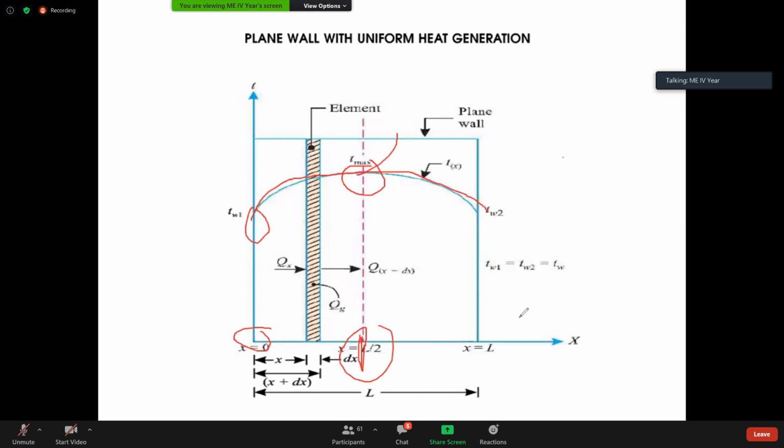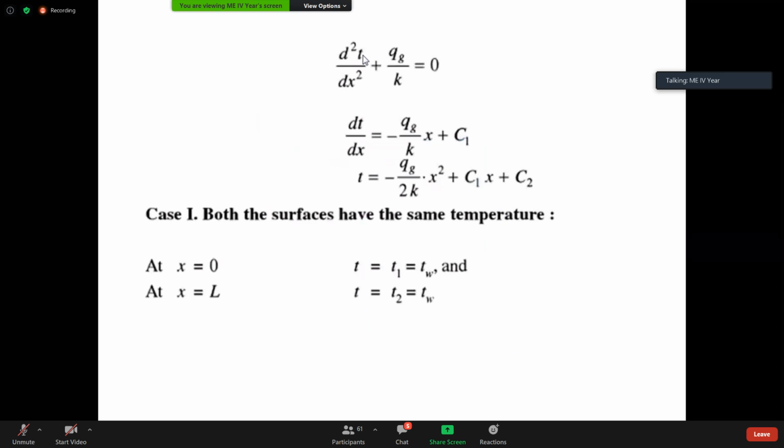So this will be more focused on in your post graduation. Actually a little topic is given, you can try it, right? By considering d square T by dx square plus qg by k, not only for this but for the other cases, cylinder and spherical cases also, right? So you go through this.